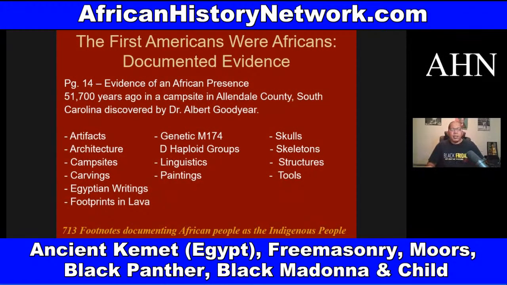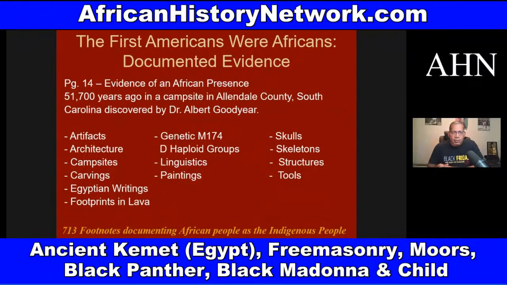On page 14 of his book, he deals with a discovery from Dr. Albert Goodyear, who's an archaeologist at the University of South Carolina. They made this discovery in 2004.